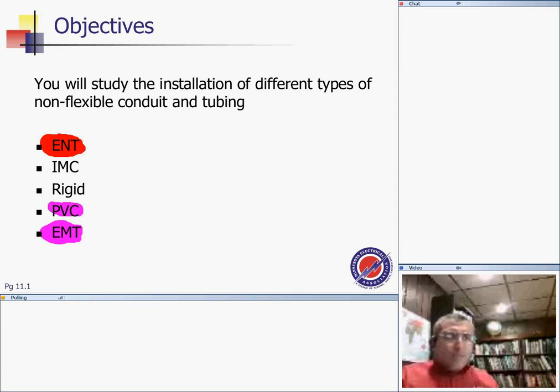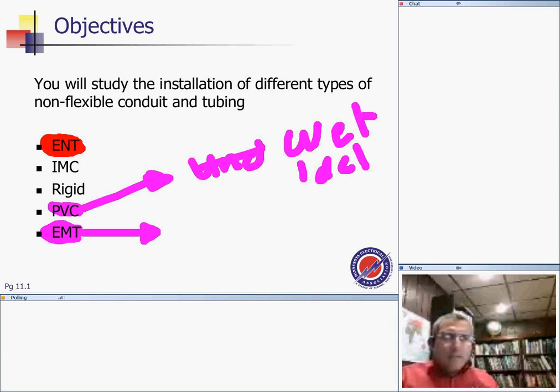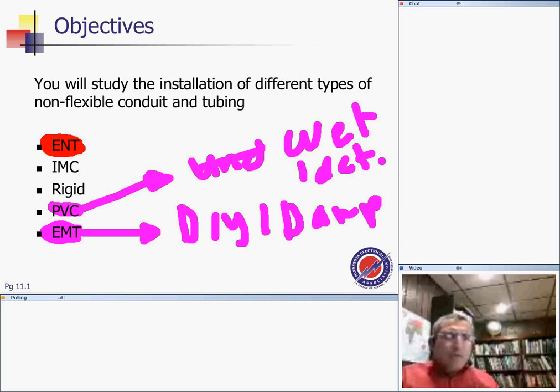Let me give you my 2 cents before we go into the conduits. If you are in a wet location, you are PVC. If you have a dry or damp location, for the most part, it's probably going to be EMT.